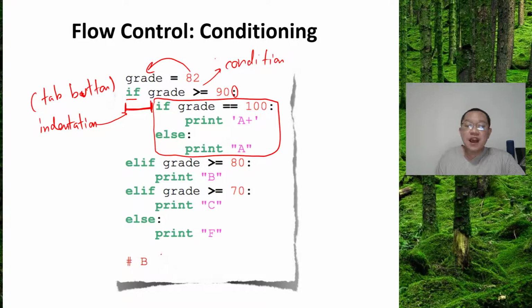How do you know that these are the code inside this condition? Because of the indentation.